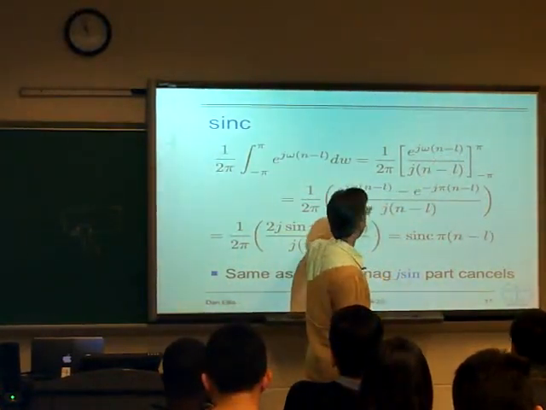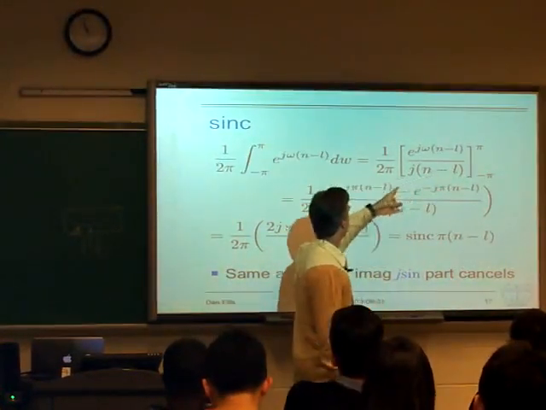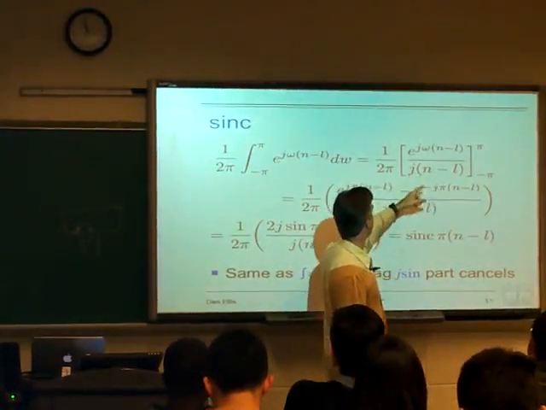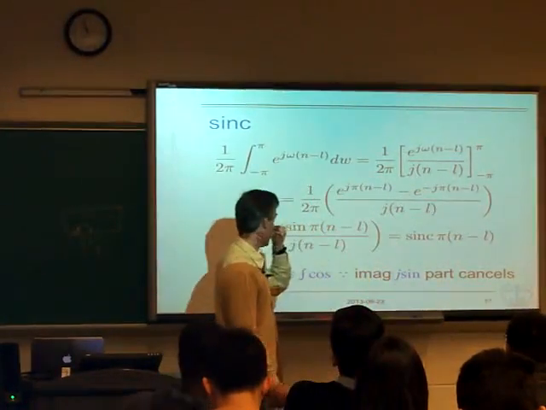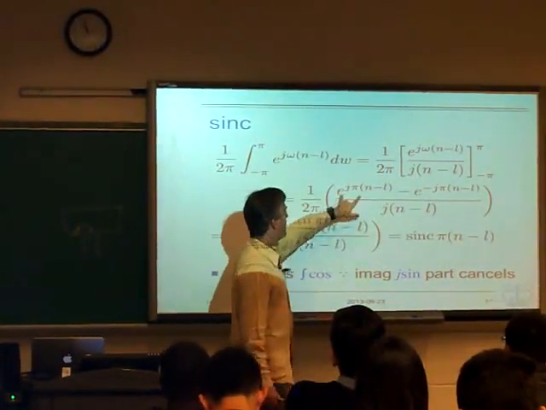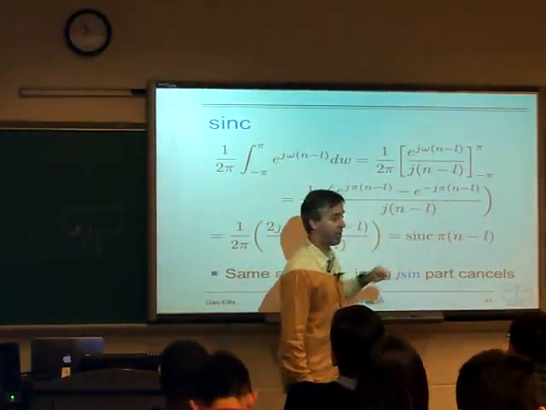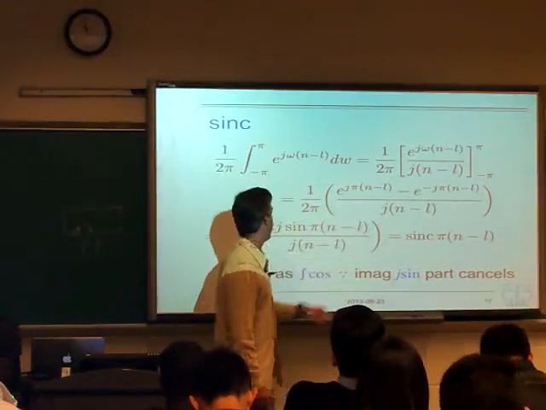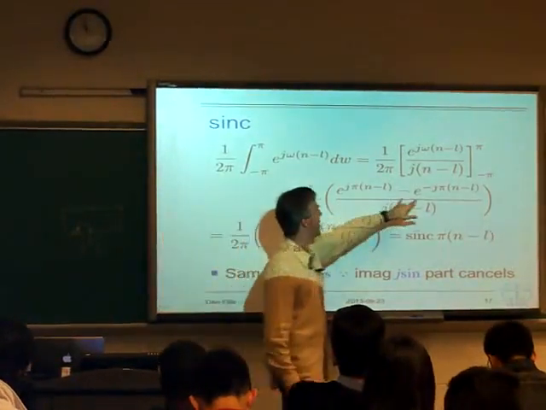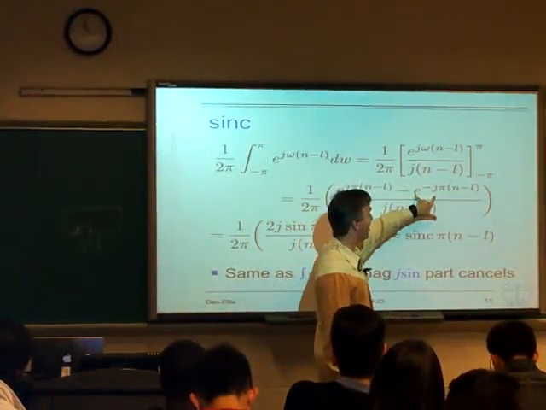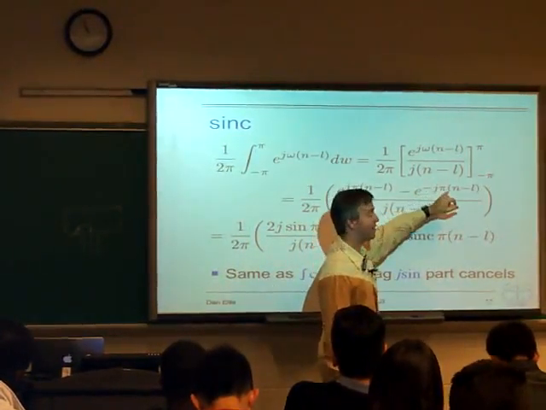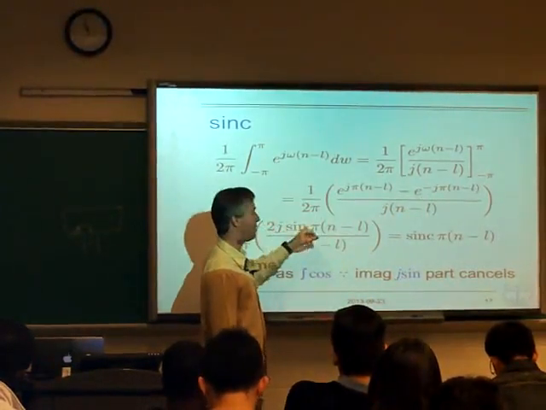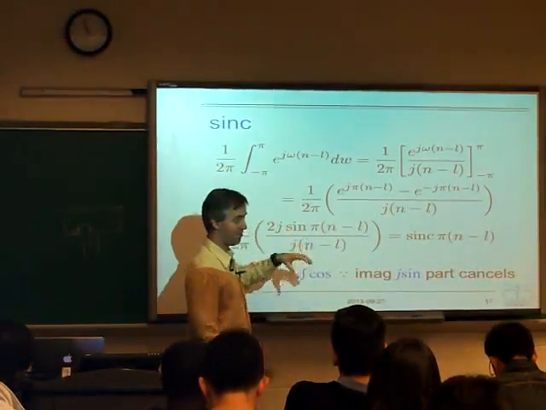So you get e to the j pi n minus L minus e to the minus j pi n minus L, and then they're both divided by this constant value, 2 pi j n minus L. These things we can expand using Euler's equation as cosine pi n minus L plus j sine pi n minus L, and then this one is cosine pi n minus L minus j sine pi n minus L. So when we subtract, the cosines cancel and the j sines reinforce.